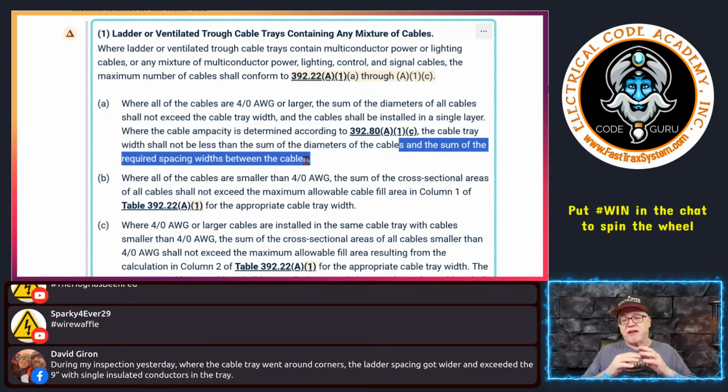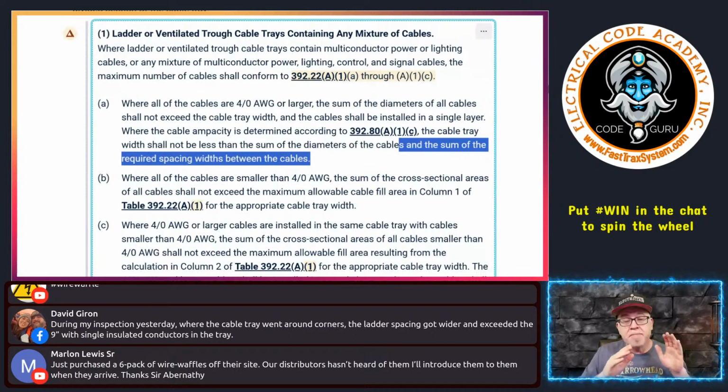So what that means is if you're going to use a higher ampacity value for the free air rather than using the standard 310.16, again, we'll talk ampacity tomorrow, you have to take into consideration those spaces between the cables when you're deciding the overall width of your tray. Does that make sense? Instead of using the ampacities in 310.16 like normal, those cables could be right next to each other, and your tray is going to be the width of all of your cable diameters.